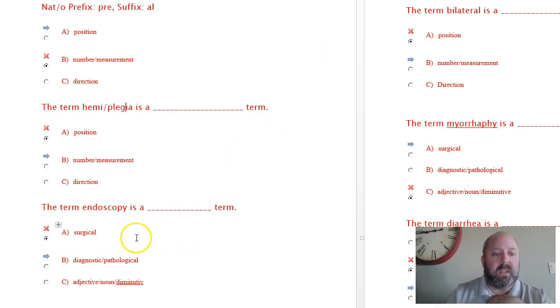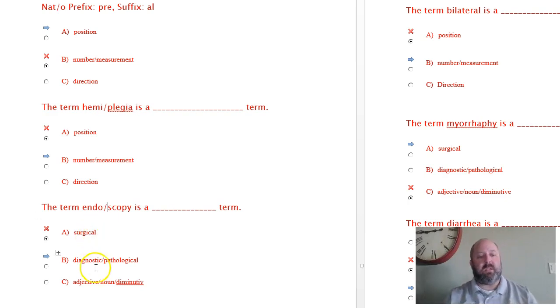So endoscopy, this is probably the most commonly missed question on the quiz this week. Here we are, endo, we're inside, scopy, this means camera, right? Is this a surgical, a diagnostic, or a pathological term or adjective? We know that they're talking about the suffix here. When we're talking about scopy, that means we're putting a camera inside of something, like arthroscopy, this is endoscopy.